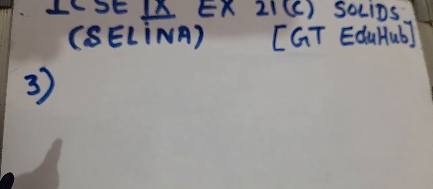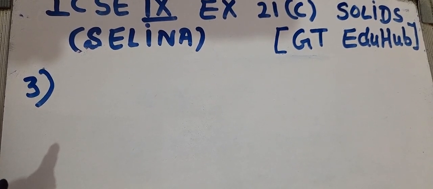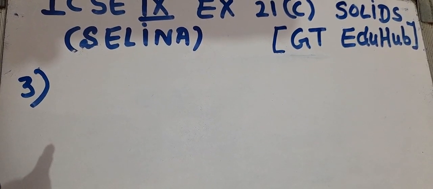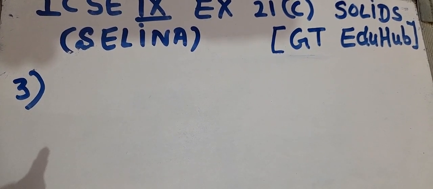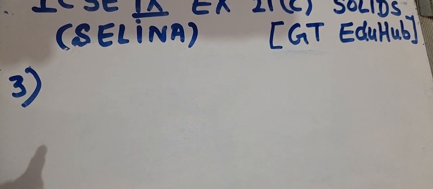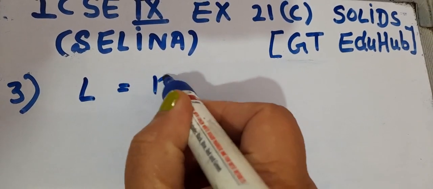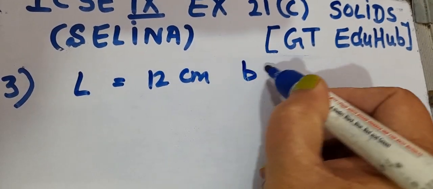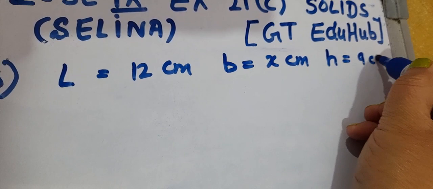Question number 3. The internal dimensions of a rectangular box are 12 centimeter into x centimeter into 9 centimeter. If the length of the largest rod that can be placed in this box is 17 centimeter, find x. So first of all, write the dimensions. We are given L 12 centimeter, B x centimeter, H 9 centimeter.